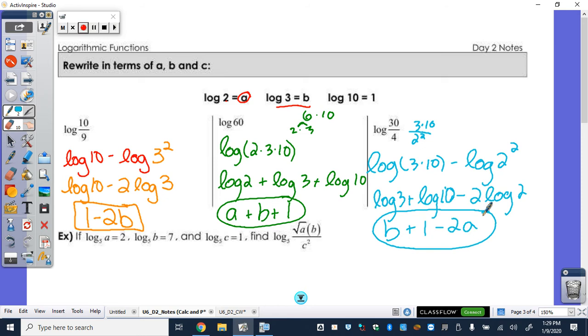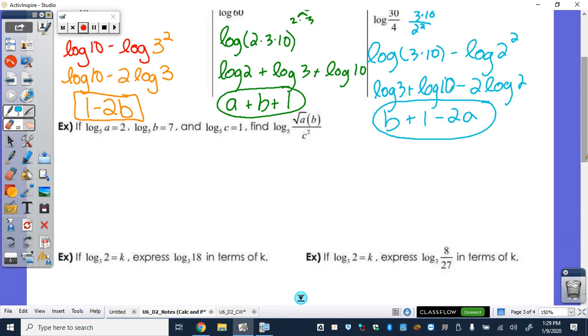All right, so let's try some more. They're changing our rules up now. Next example, log base 5 of a is a 2. Log base 5 of b is 7. And then log base 5 of c equals a 1. So the problem they give us over there, let's get rid of that square root sign, write it as an exponent. There weren't any rules dealing with the square roots.